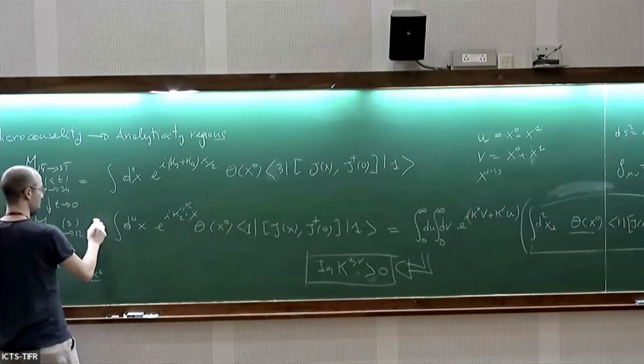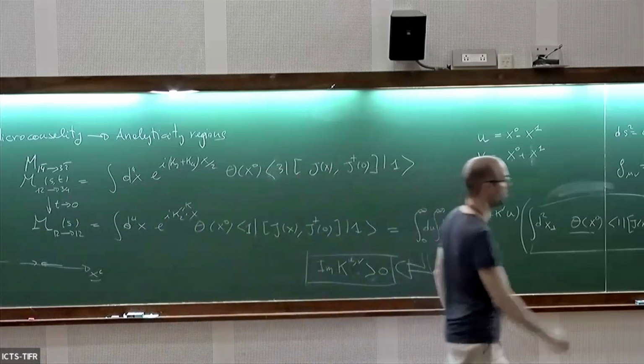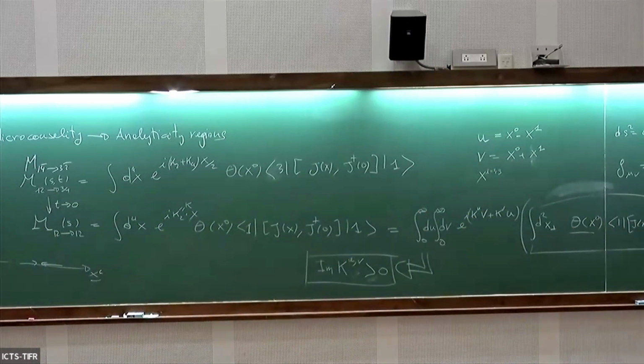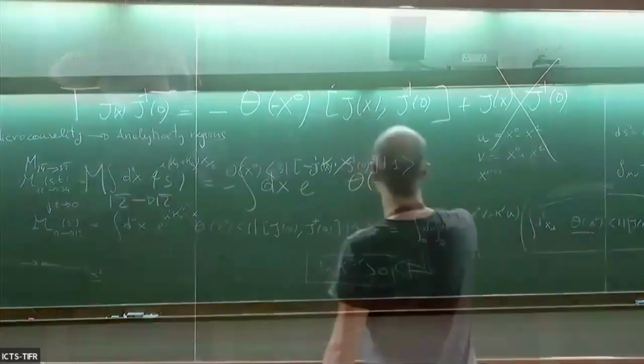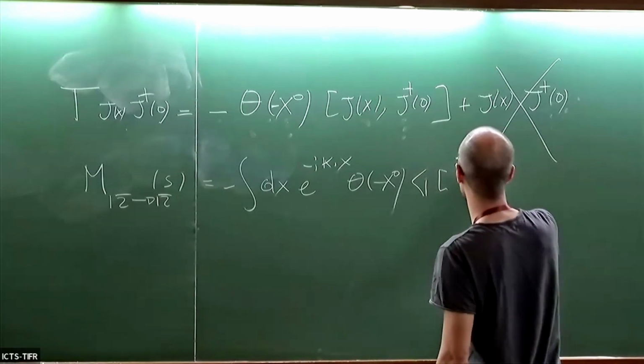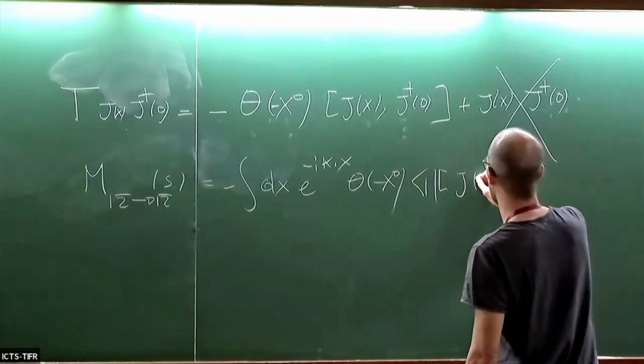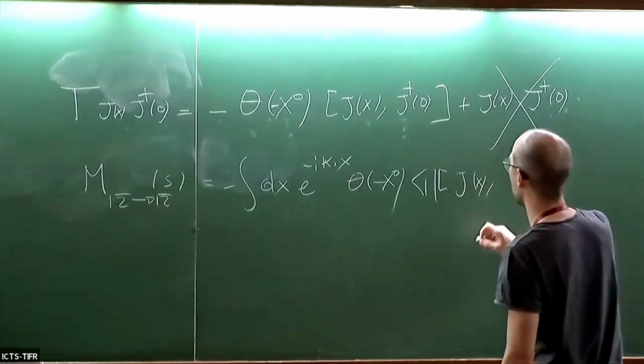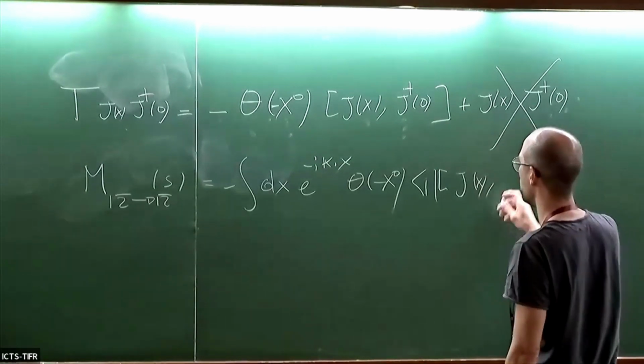The important point is that there is a minus sign relative there. There's also a normalization factor, but it's not too important, so I'm not going to keep track of it. It is i times a positive.